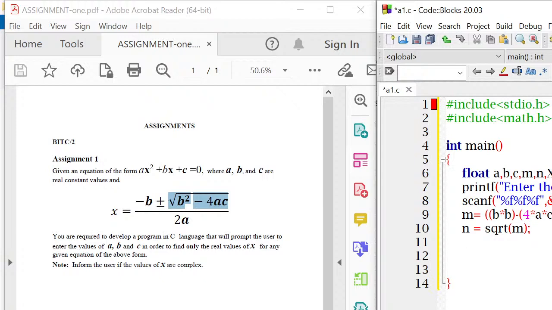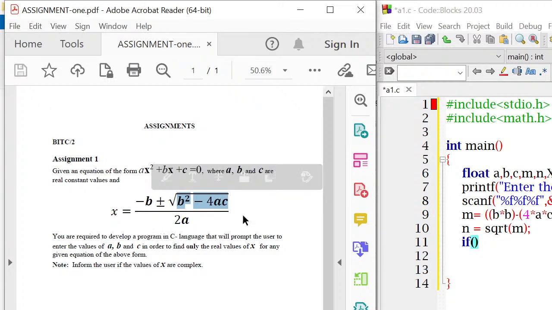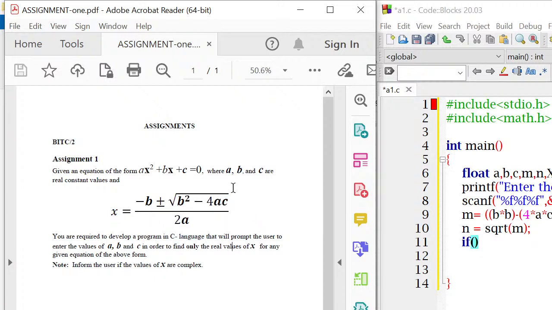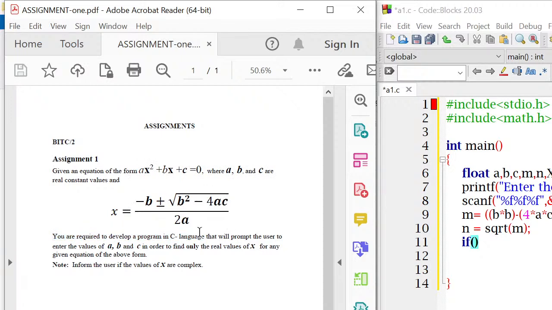To do that, we're going to say if what is inside the bracket is a negative value, definitely this equation is going to be a complex equation here. And the values for x are going to be complex, because when you get the square root of a negative number, it changes the order of this.